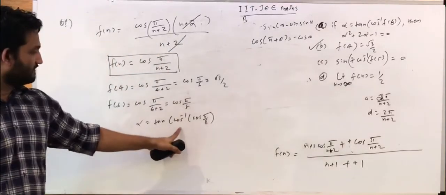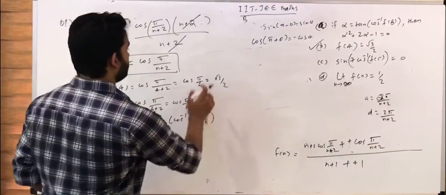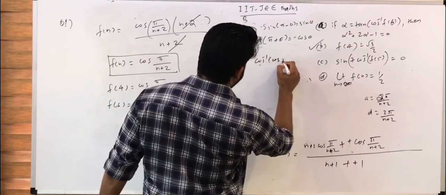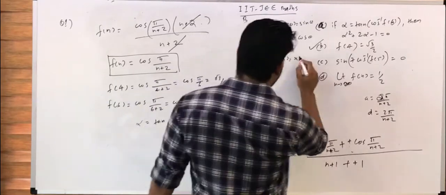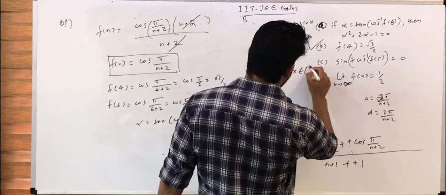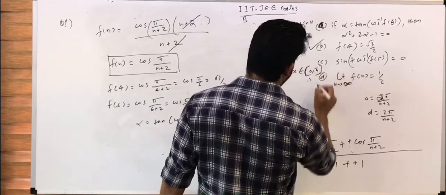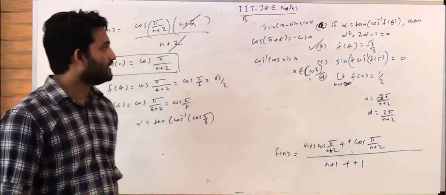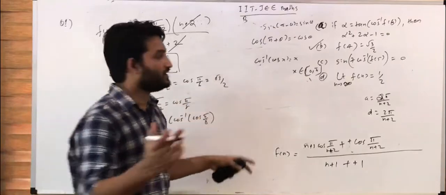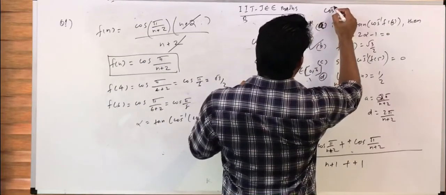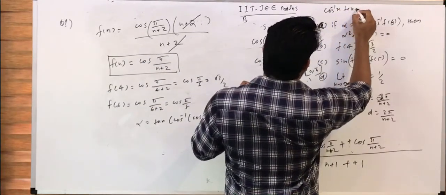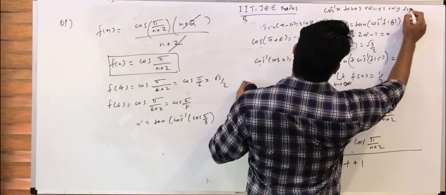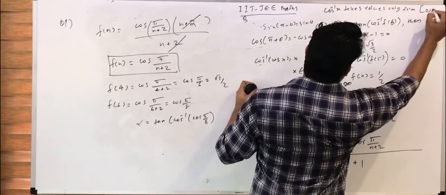We know cos inverse of cos x is equal to x, where x must belong to the closed interval 0 to pi. In the question, I forgot, it was given that cos inverse x takes values only from 0 to pi.